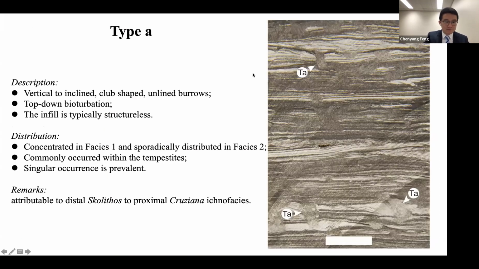Type A is a vertical to inclined, club-shaped, unlined burrow, usually showing top-down bioturbation, and the infillings are always structureless. Type A is commonly identified within the tempestites associated with lithofacies 1, and it is interpreted that type A represents a group of trace fossils attributable to the distal Skolithos to proximal Cruziana ichnofacies.